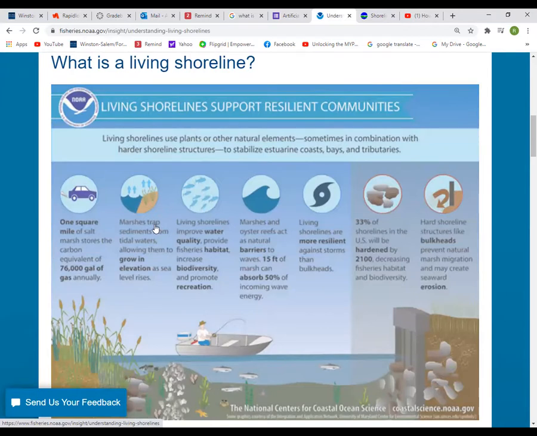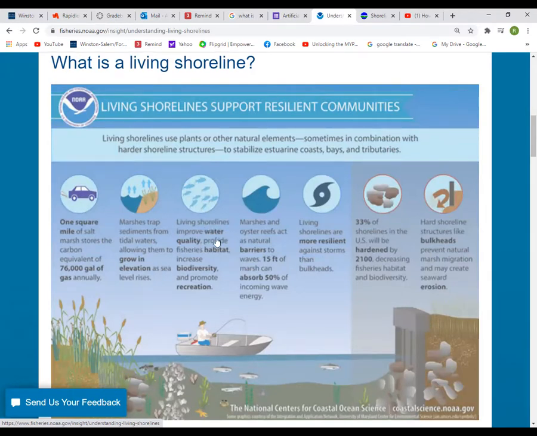Marshes can trap sediments from tidal water, allowing them to grow in elevation as sea level rises. So we've learned about high tides and low tides, and they can bring sediments with them. These sediments can be collected in marshes and cause the marshes to have a higher elevation.